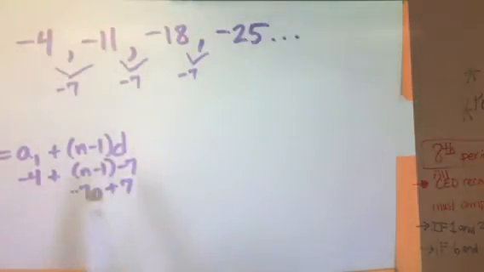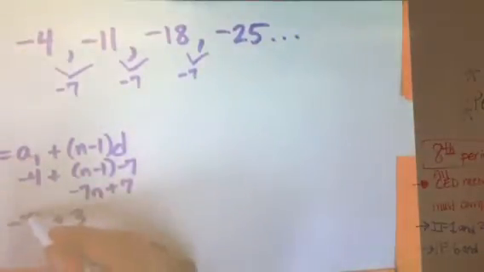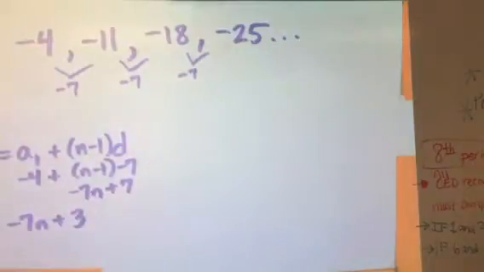And then I would combine my like terms. The first term plus 7 is 3. So -7n plus 3 is equal to a sub n. So that is my explicit formula.